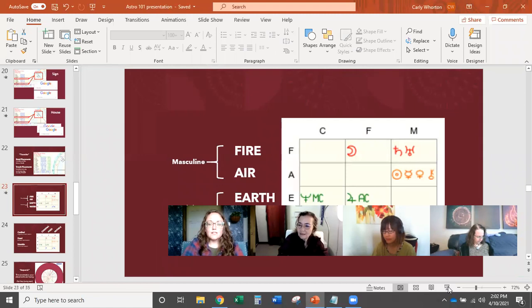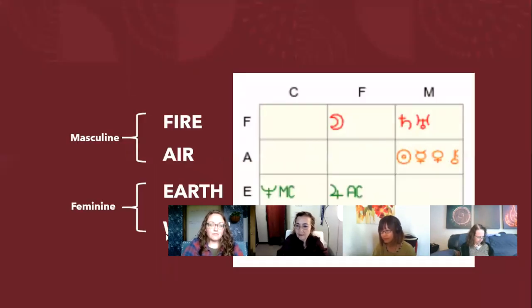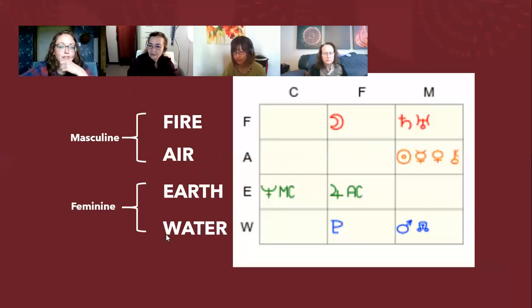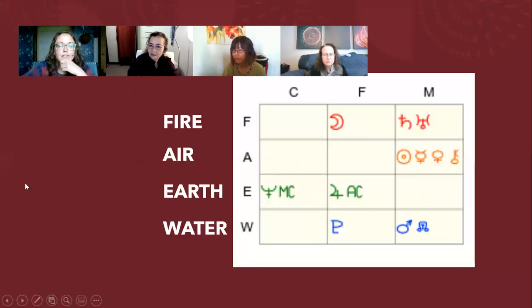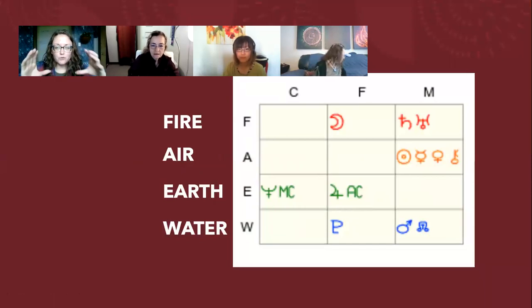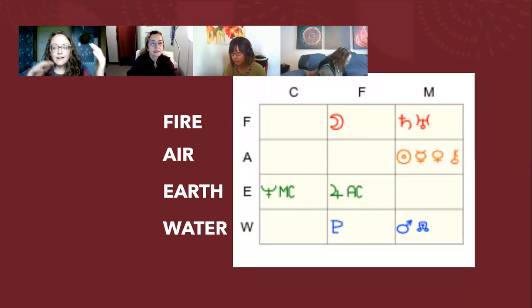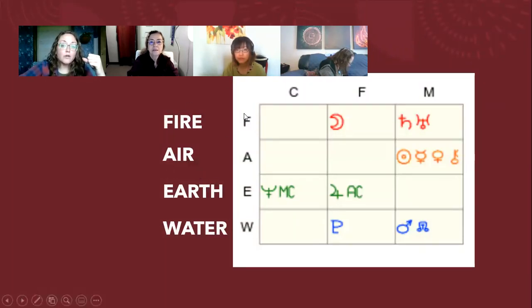So this little table is one of my faves. It's one of the first things I look at when I pull up a new natal chart, because it gives us a quick visual representation of how dynamic and how balanced the person's energy is. Mine is pretty equal. I have a pretty equal amount of all four elements, which are what the rows represent.